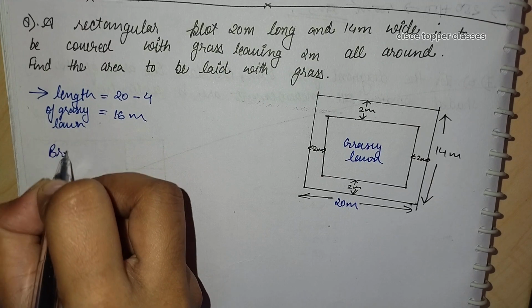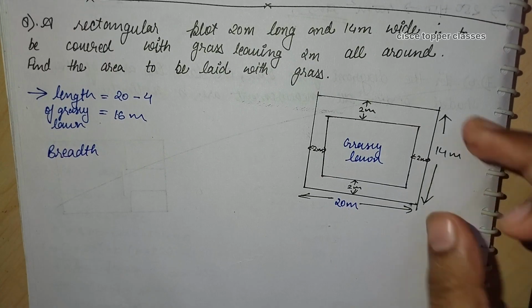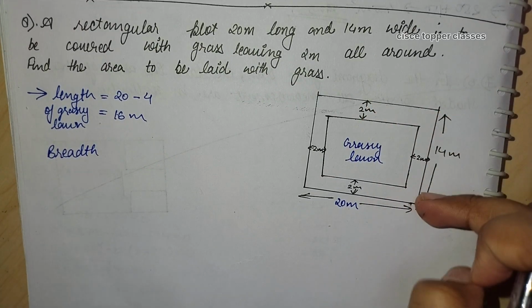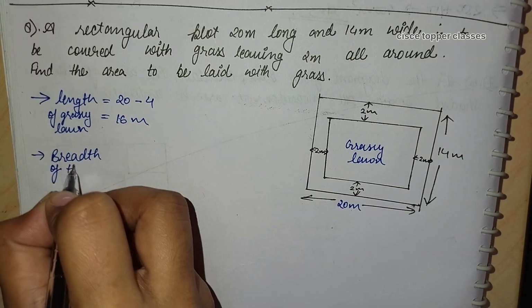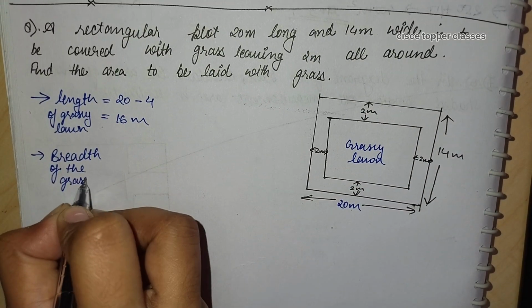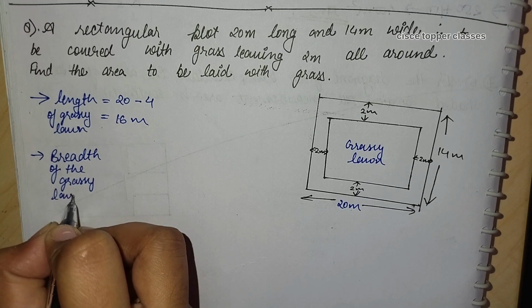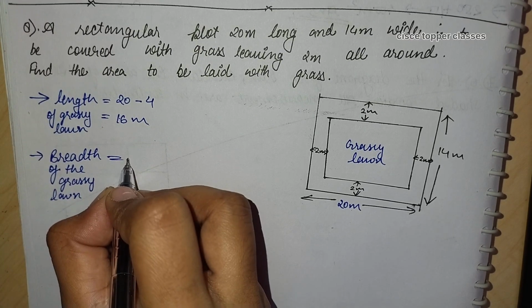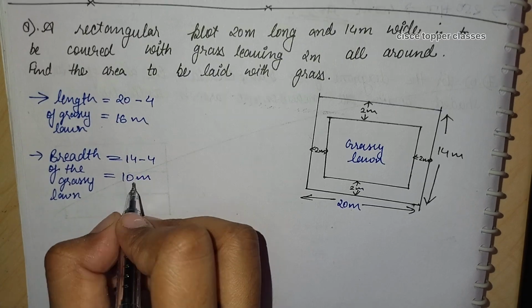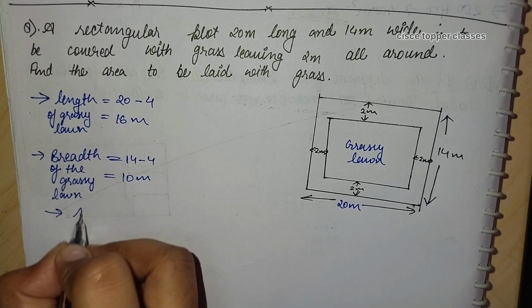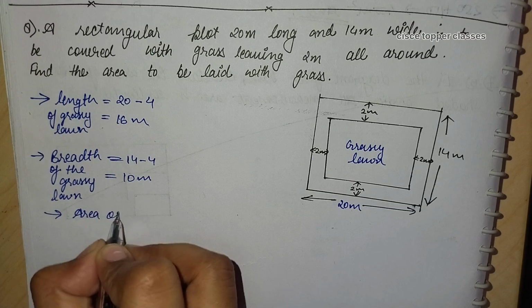Now we have to find the breadth. Again in the breadth we will subtract 2 and 2, 2 from this side and 2 from this side. So breadth of the grassy lawn is equal to 14 minus 4. So this is also 10 meter. So here we can write the area of this grassy lawn.